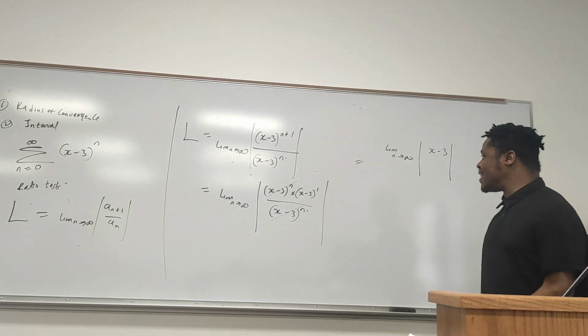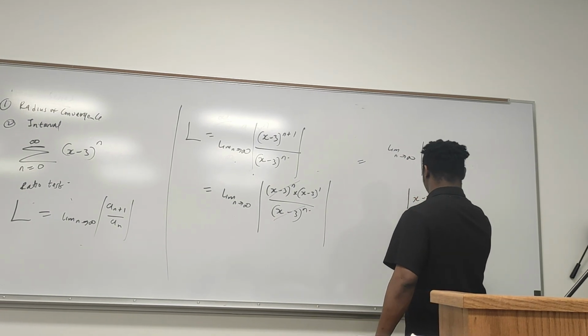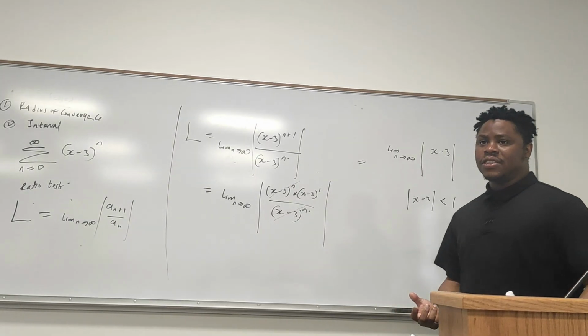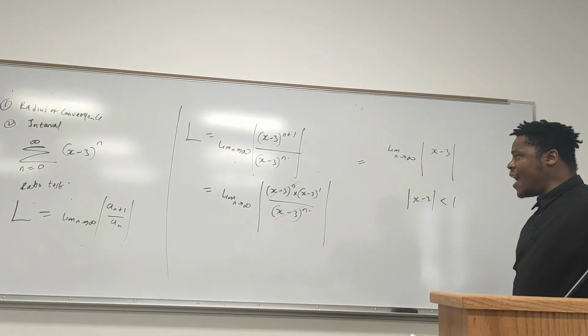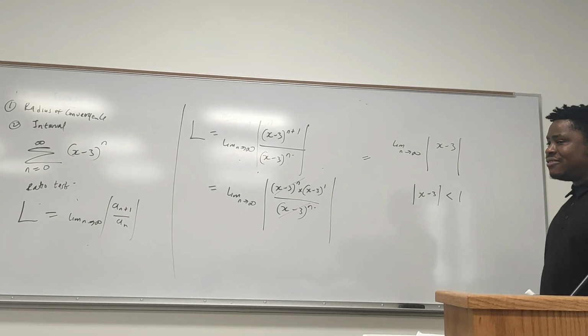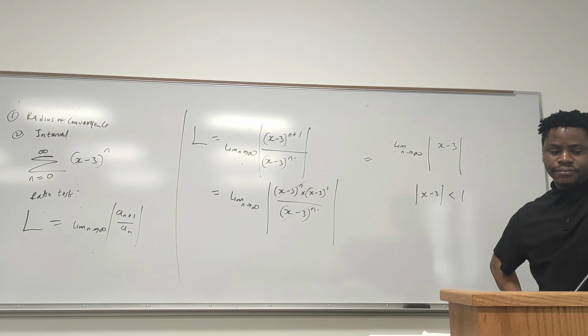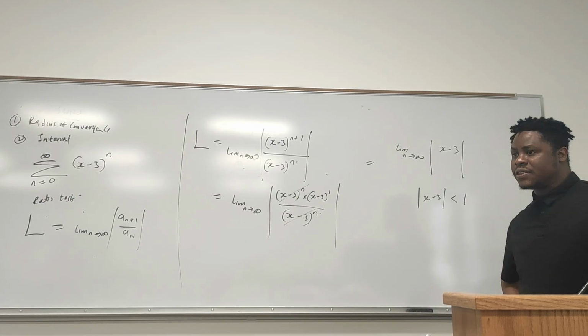Case 3 is L less than 1, so what we say is the absolute value of x minus 3 is less than 1. Now, from here, we can find the radius of convergence. Who can tell me what the radius of convergence is here?